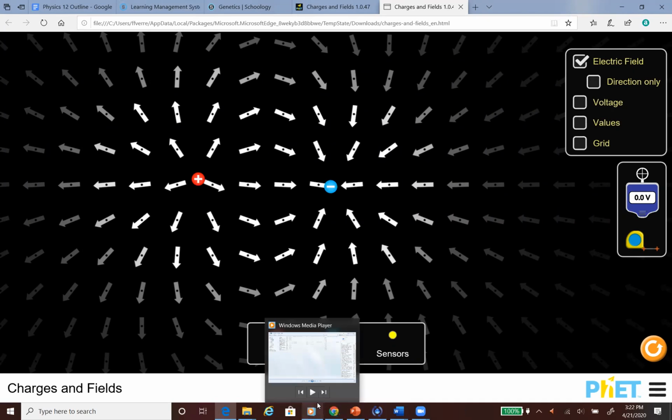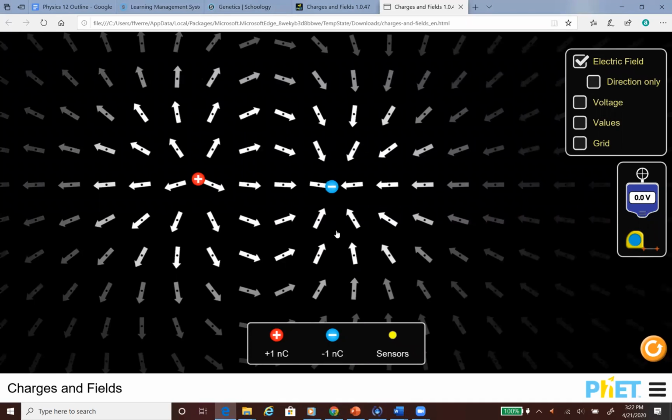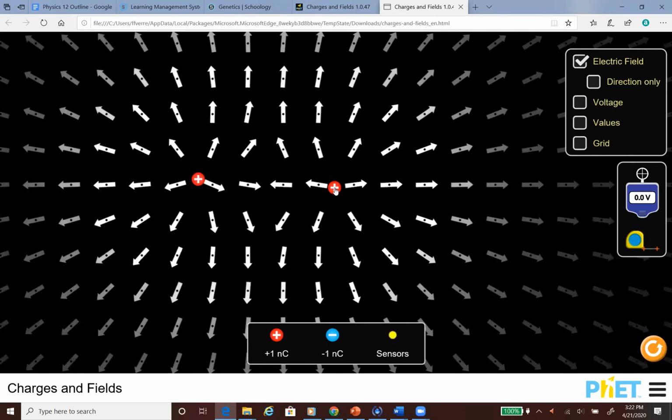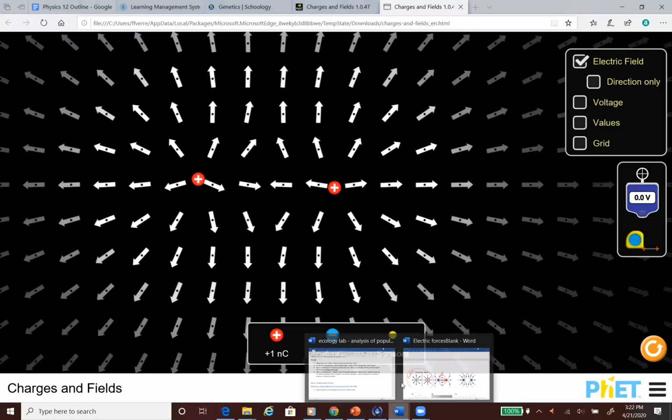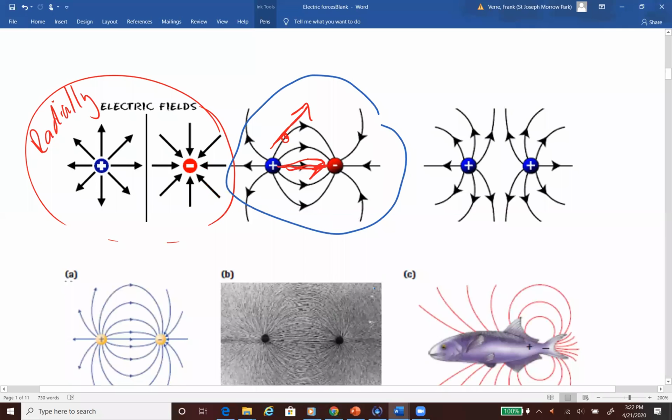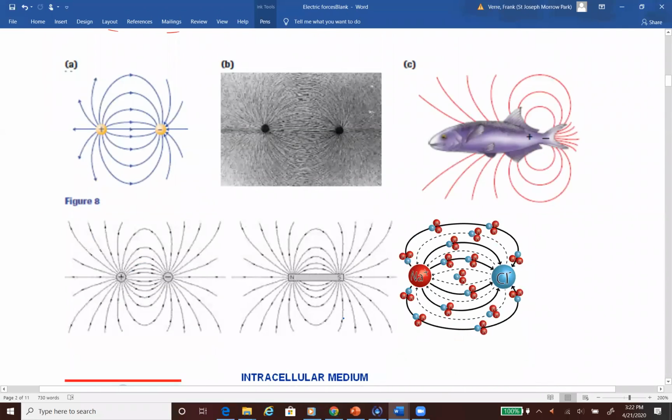And you can do different scenarios. Like, what would happen if I replace the negative with a positive? You can see what that would look like. The sim should produce very similar patterns. By the way, what's really cool about this one in particular is it should remind you of a bar magnet.